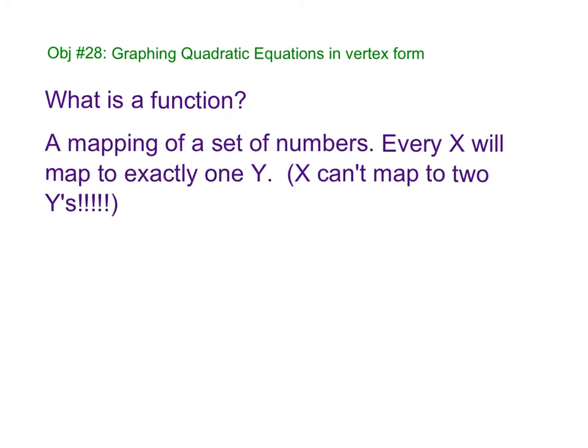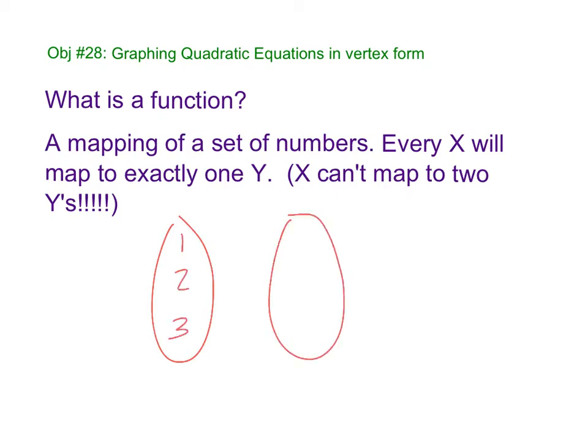So remember in middle school, in Algebra 1, we had like 1, 2, 3, A, B, C, and we mapped things, right? But you can't have two things go to the right side, right? That's not allowed.